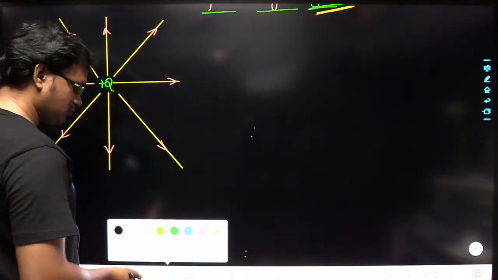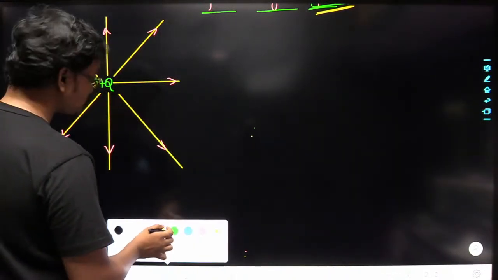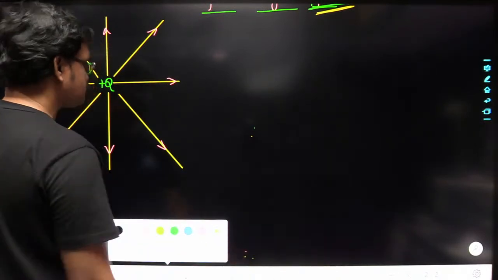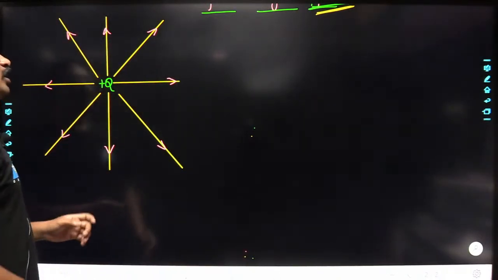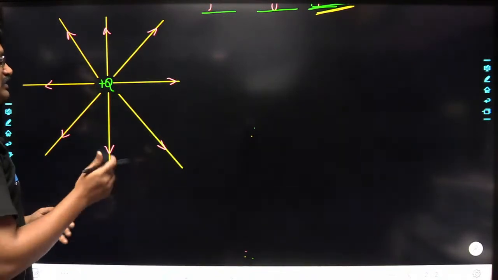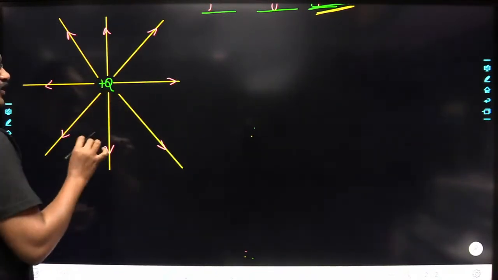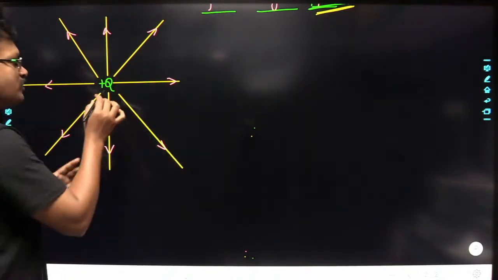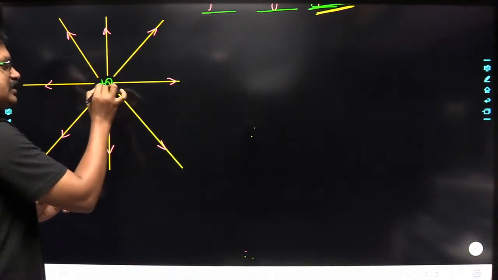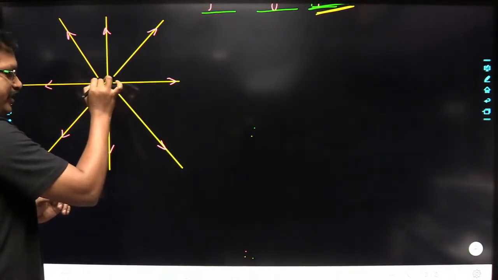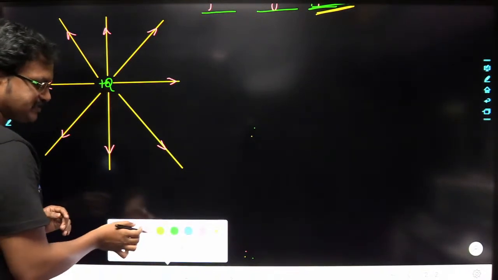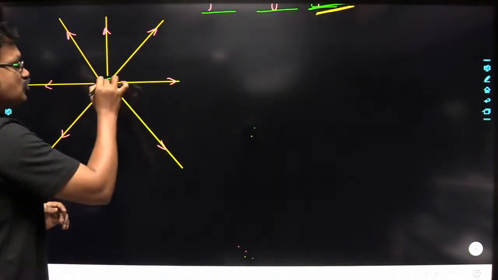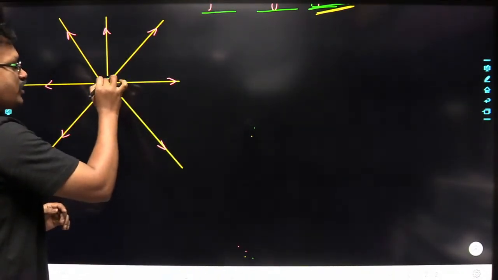Now see here. If you consider the divergence exactly at this point, or if you try to measure how much of the vector field is leaving exactly at this point, that means exactly at the location of the source, exactly at the location of this charge.